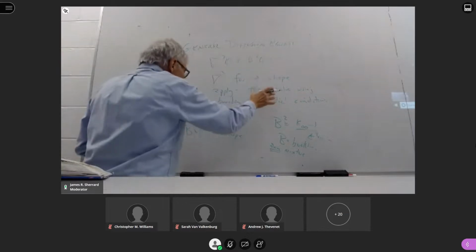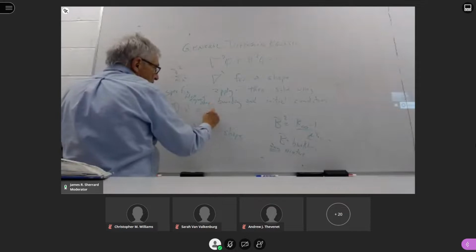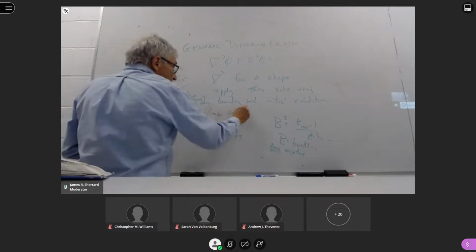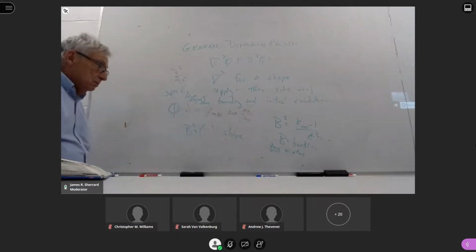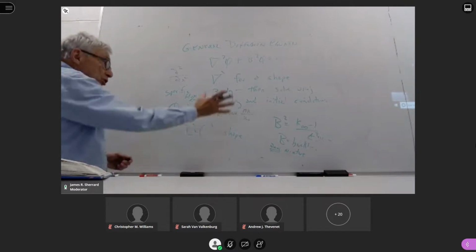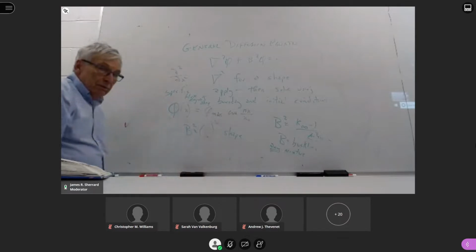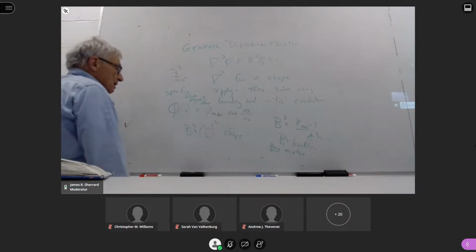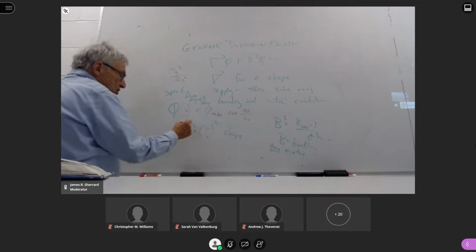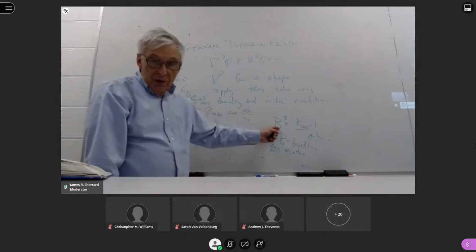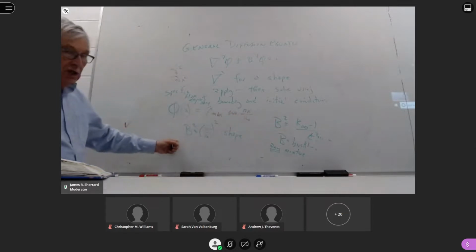We put it back into here, we solve it for boundary and initial conditions, and the flux, which would only be a function of x, is going to be flux max times the cosine of pi x over x sub 0. The buckling, when you do the same thing, comes out to be pi over x sub 0 squared. So you can find this value of x sub 0 because this buckling squared is the same as that buckling squared. Remember, buckling is where you couple materials to shape.